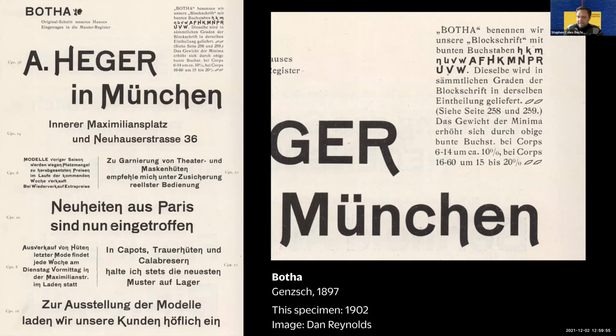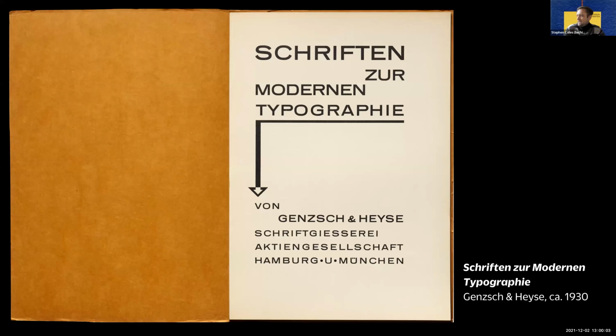Of course, you would never see the Bauhaus use this particular style of Blockschrift. Here is the rest of that specimen I showed you before of Blockschrift, and I think it's a beautiful example of a type foundry that is responding to Bauhaus typography.